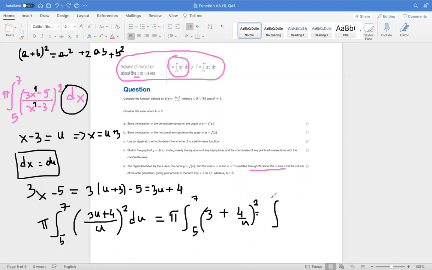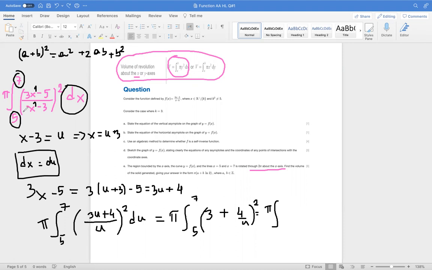And integral, again, pi, from here, be careful, because once I change x to u, these intervals are for x's, right?